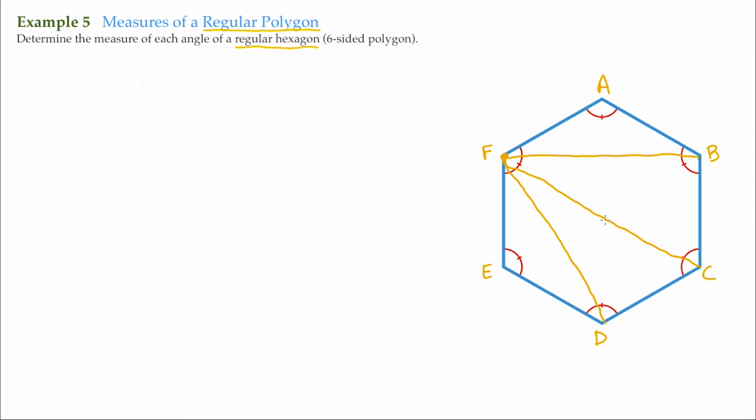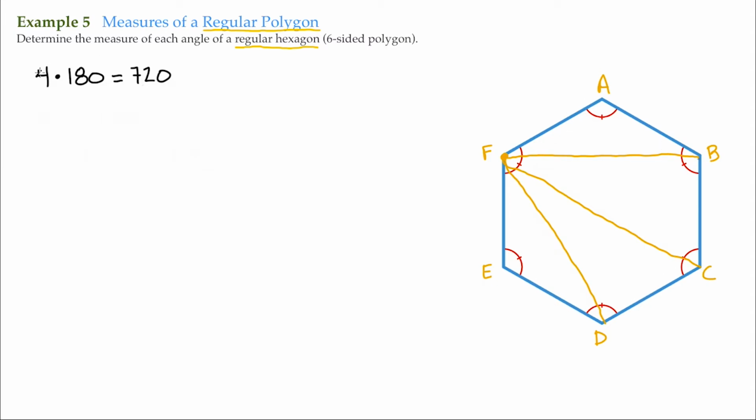So I have 1, 2, 3, 4 triangles, and we know that the angle measures of any triangle have to equal 180 degrees. So since I have 4 triangles in here, I'm just going to go 4 times 180 degrees. That's the sum total of the angles inside any triangle, and since I have 4 of them, 4 times 180, that's 720. So 720 is the total measure of all the angles inside our regular polygon here.